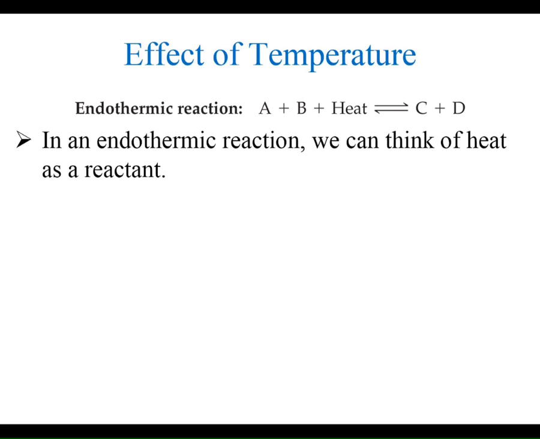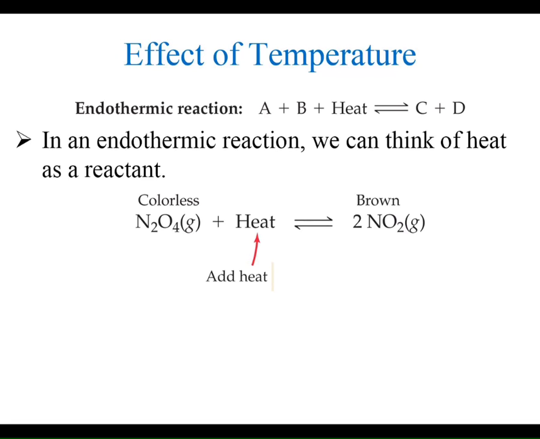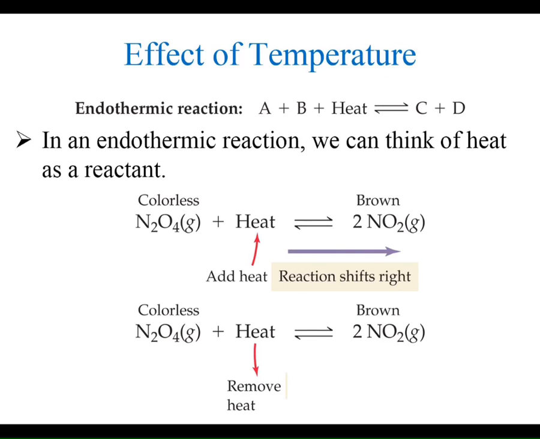So we shift to the right. Yes. And vice versa, if I were to put it in ice and suddenly remove the heat, what's it going to do? How can I replace the missing heat now? Shift left, right? So go back this way and produce heat to replace the missing component there.